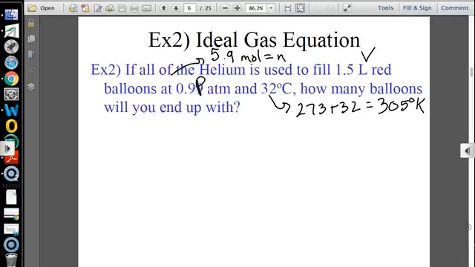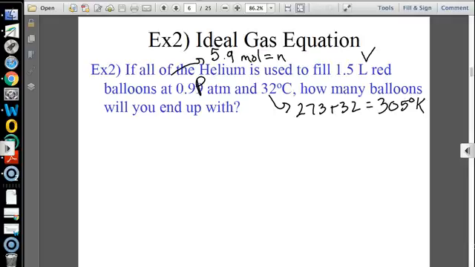Now, notice it doesn't say what they want. How many balloons will you end up with? So what I need to do here is write out my formula. I have moles, so I have n, and P. The V part is 1.5 liter balloons, but do I know how many balloons?